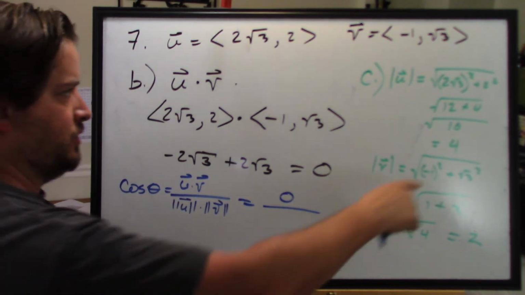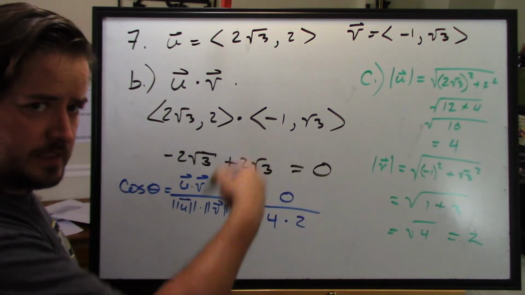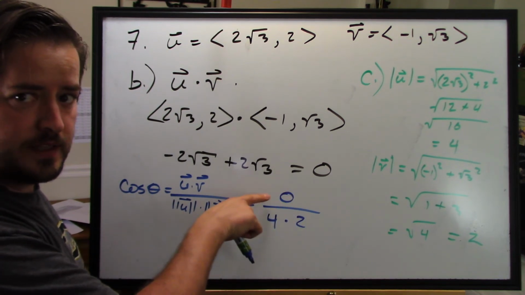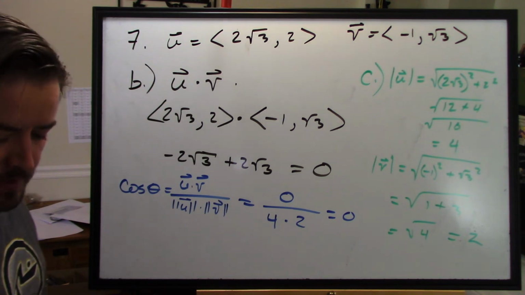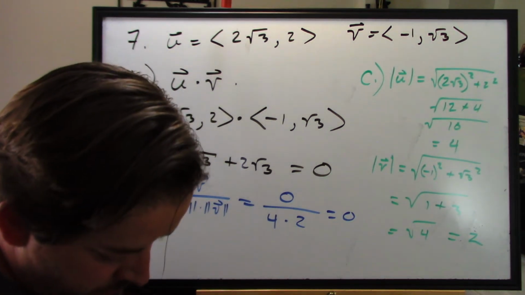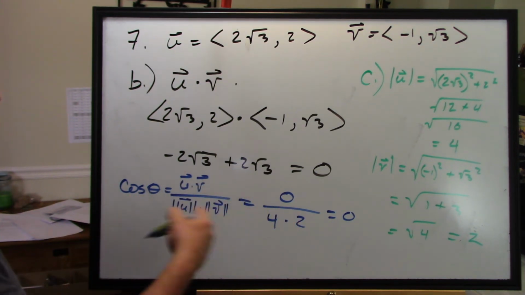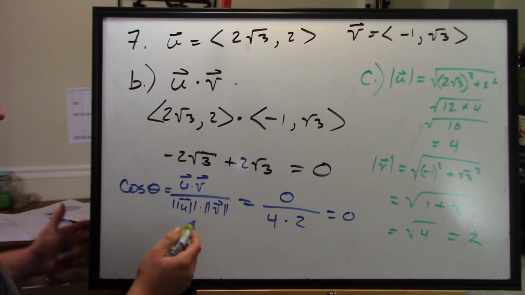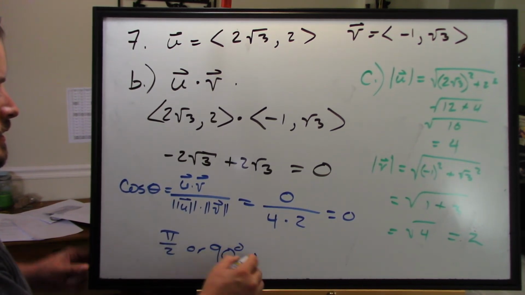The magnitude of u is 4, and the magnitude of v is 2. It all doesn't matter though because this is all 0 because of that 0 right there. So cosine of theta is 0. And if cosine of theta is 0, E says find theta. Well, the inverse here, cosine inverse of 0, that's pi halves or 90 degrees, whichever you want to call it.